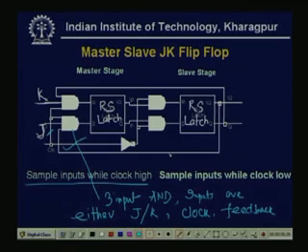So that means the output of the first latch is passed to the second RS latch, and it is the output of the second one.